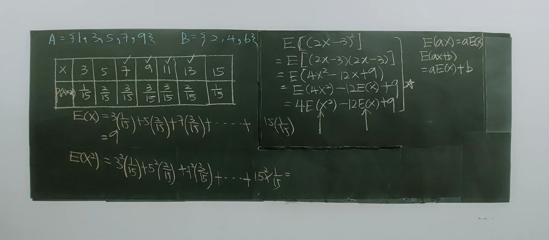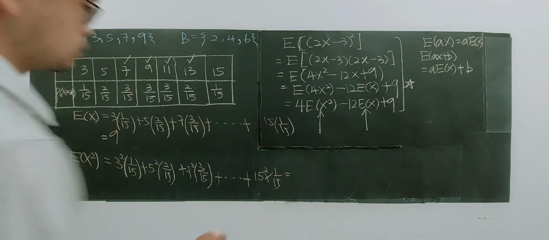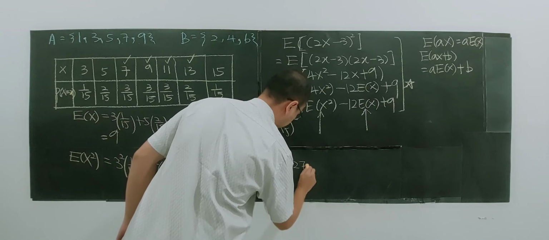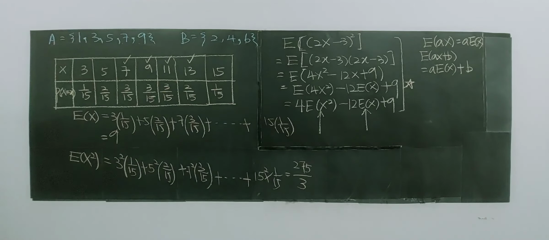So this is basic knowledge. You get the value of 275 over 3.